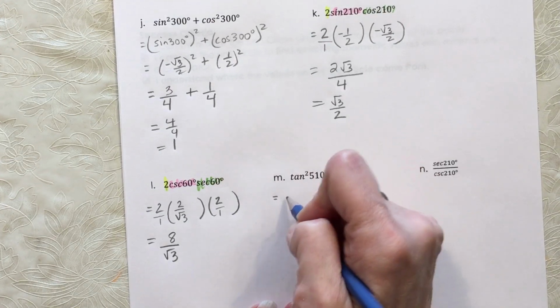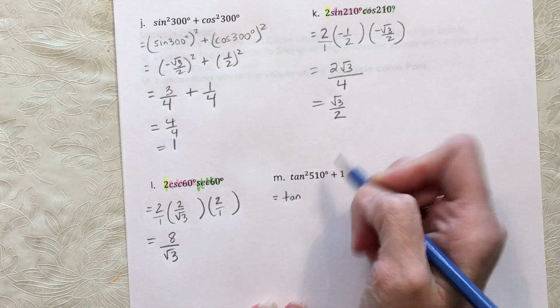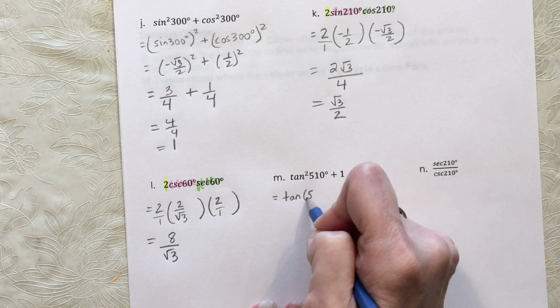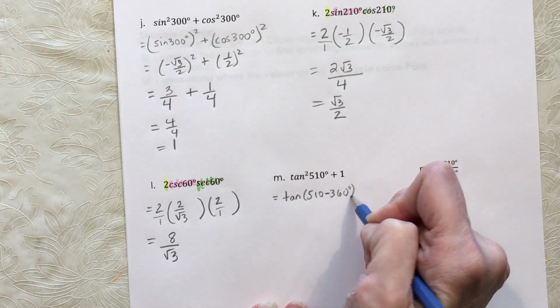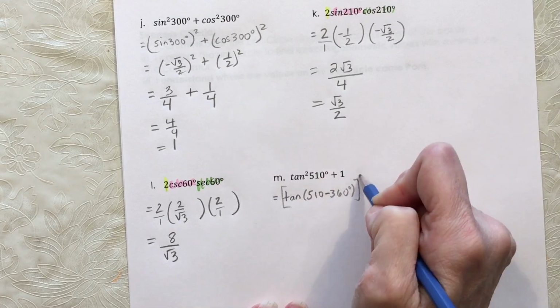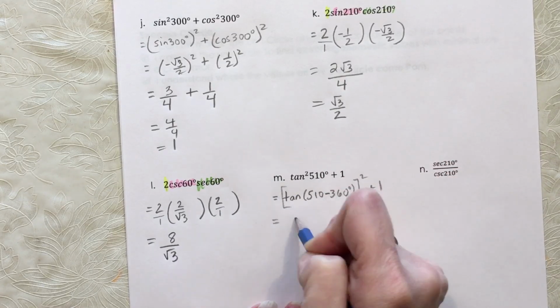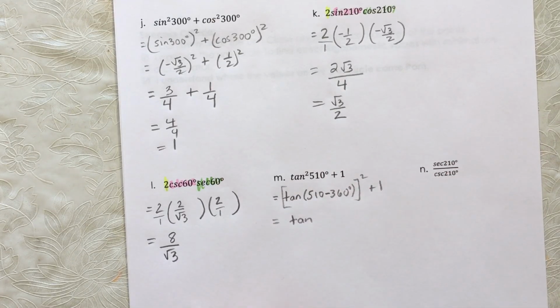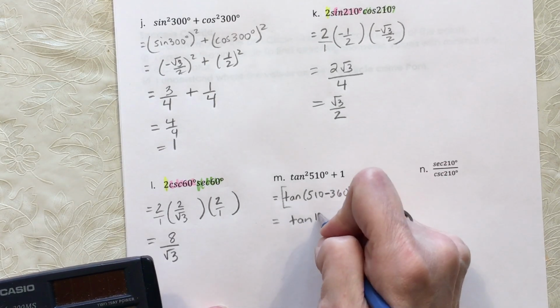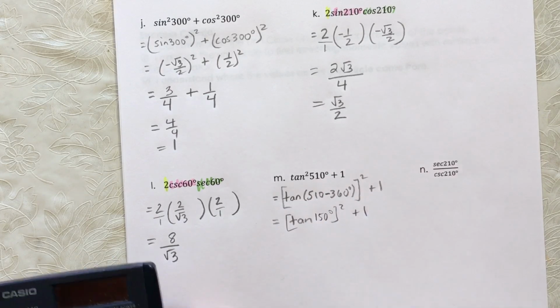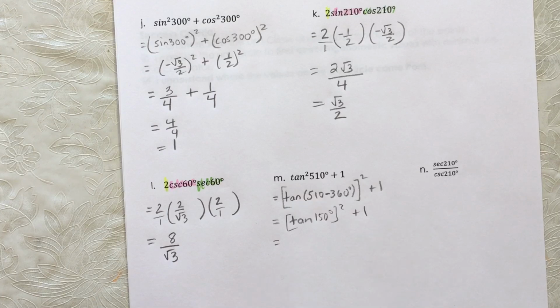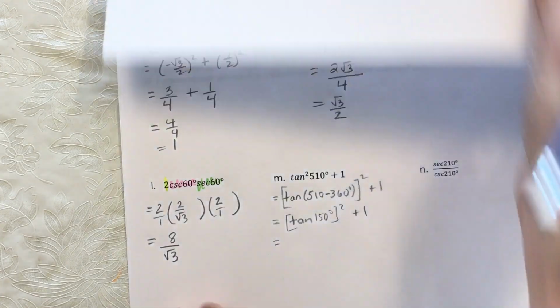So first I want to find where 510 is on the unit circle, so I'm going to subtract 360. But that's all squared plus 1. So 510 minus 360 is 150, squared plus 1. Tan of 150, so that's the y divided by the x.